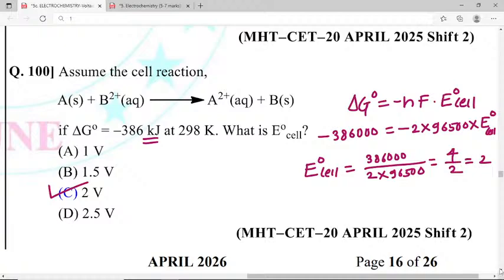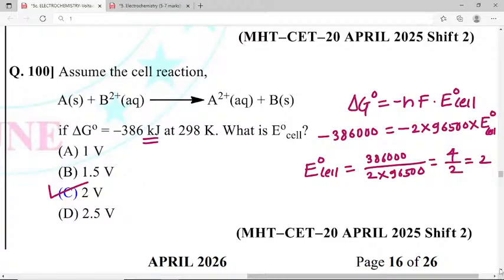Del G naught is equal to minus NF E naught cell. Del G naught stands for the standard Gibbs free energy. N is the number of electrons. F is the Faraday constant. What is the Faraday constant? 96500 coulombs.